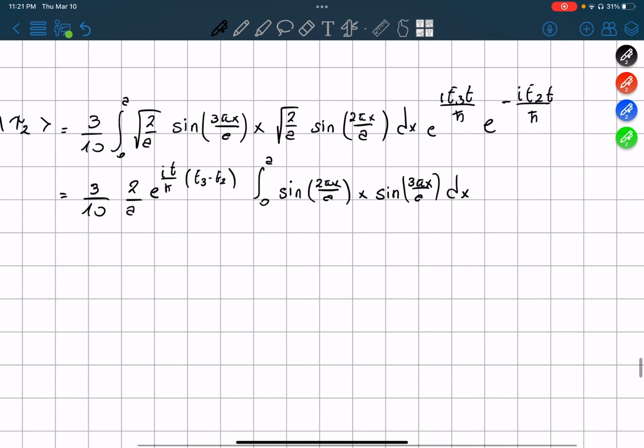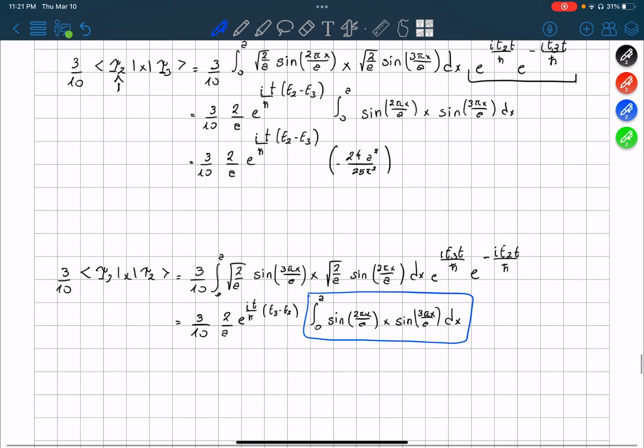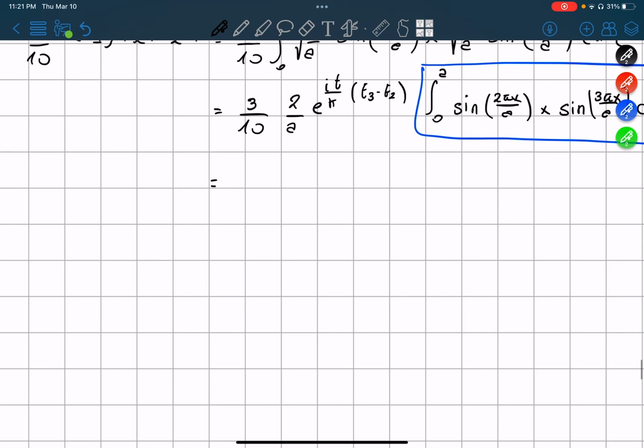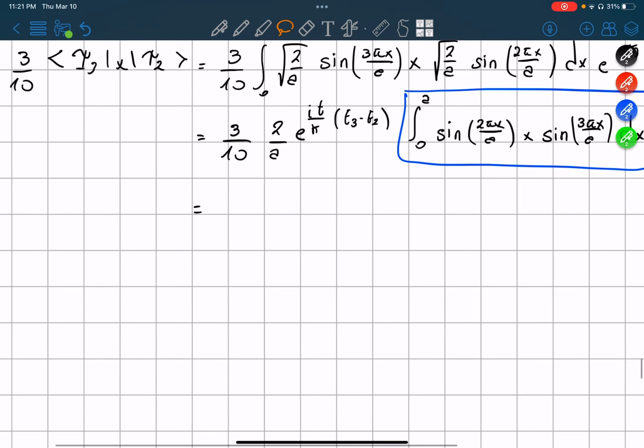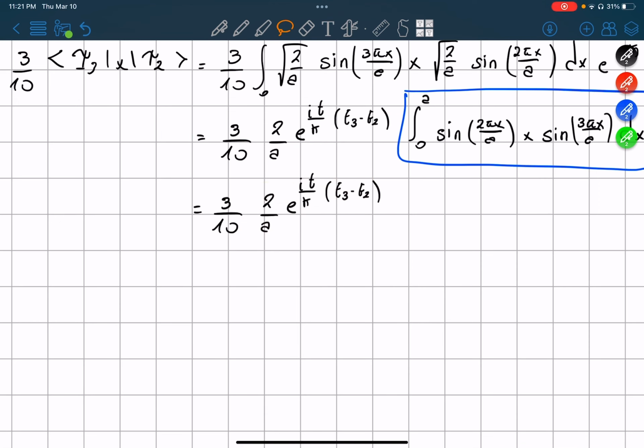And if you notice, this integral that we found right here is the exact same thing as this integral right here. So we're going to get a similar thing. The answer over here will be equals to, this part over here remains constant, and then the answer that we got out of the previous one was negative 24a squared over 25 pi squared.